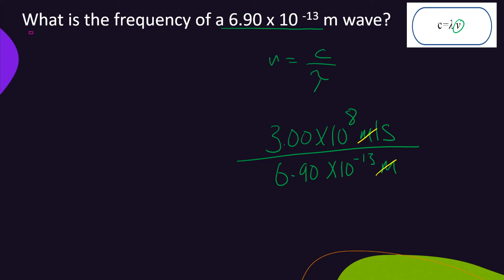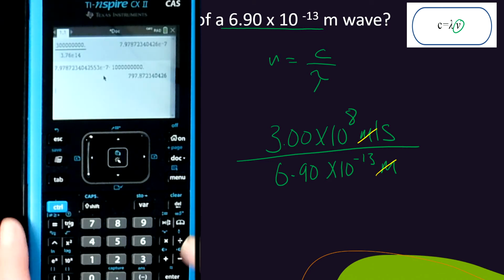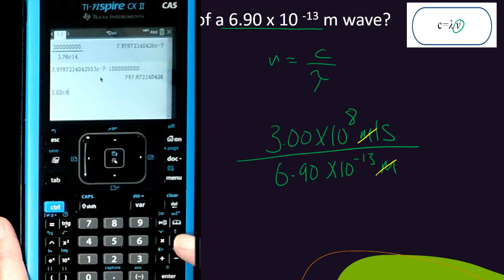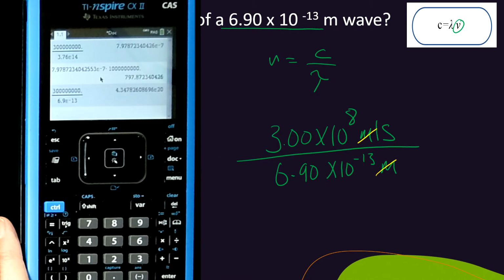So let's grab the calculator and we'll type in 3.00 E8 and we will divide that by 6.90 EE negative. Again, don't press the minus sign. And that gives us 4.347. And again, we want 3 sig figs, so it'll be 4.35.